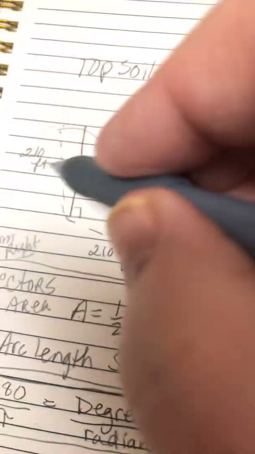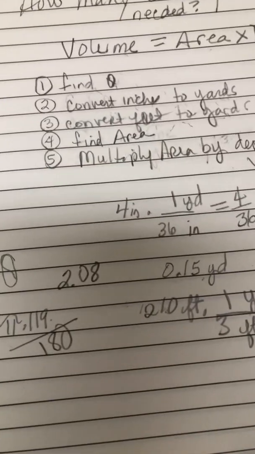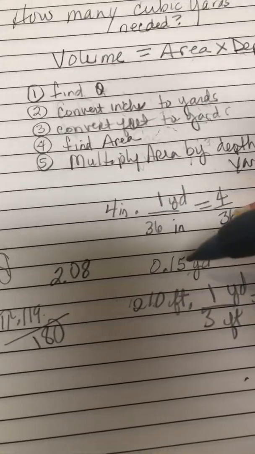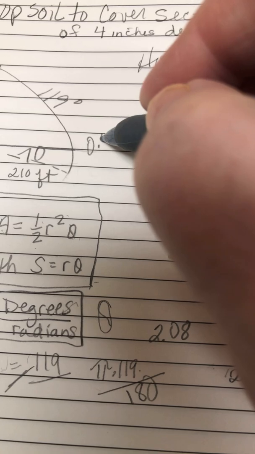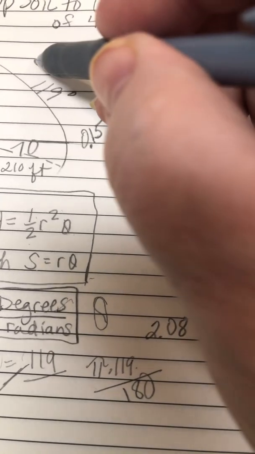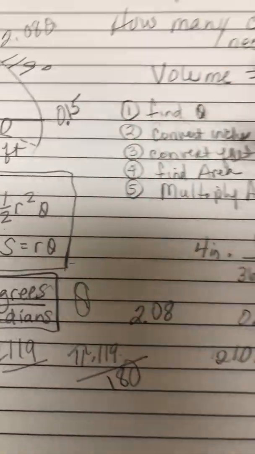Really, this measurement is 70 yards here, 70 yards here. And the depth is going to be 0.015 yards deep. And the radians were 2.08.